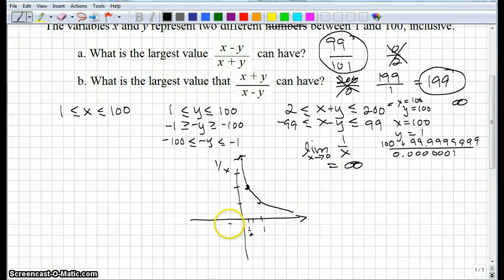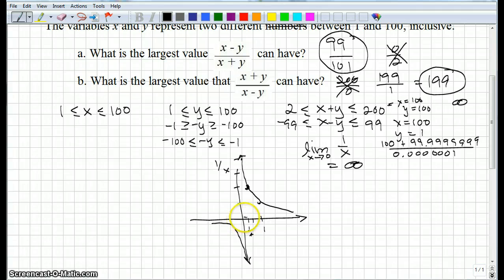Alright? So think about what happens if you come at it from the other side. What if you sneak up on 0 from the other side? So you're dealing with negative x's, so if you sneak up on it from the other side, you're essentially going to get the same thing, only it's going to be negative. So if you were to graph 1 over x, you get something that looks like this. So if you sneak up on 0, you can't get to 0 either way, right?